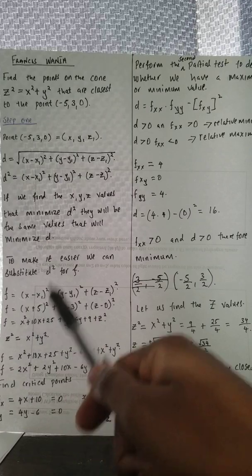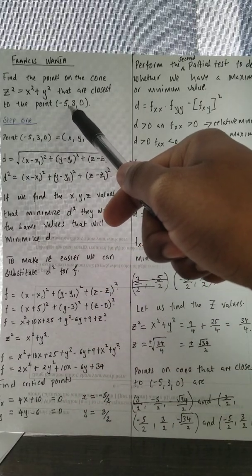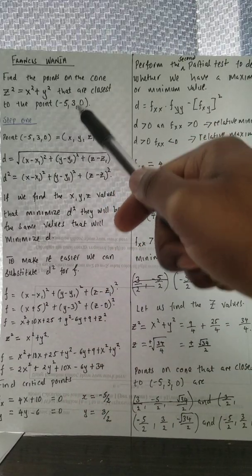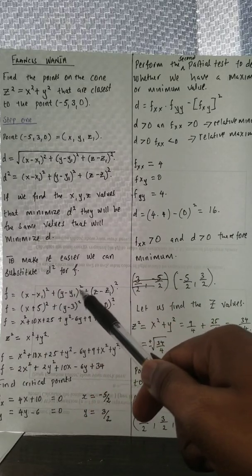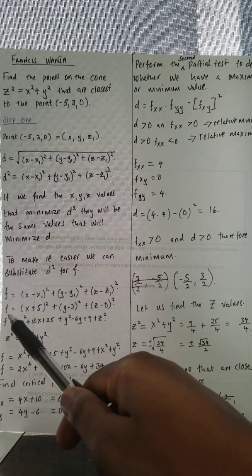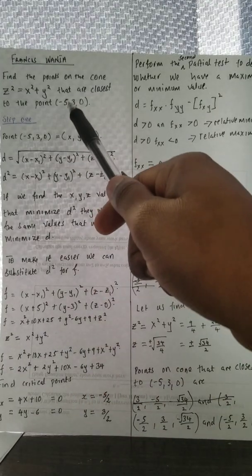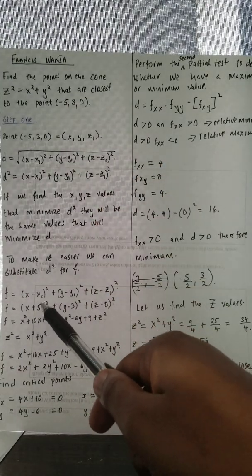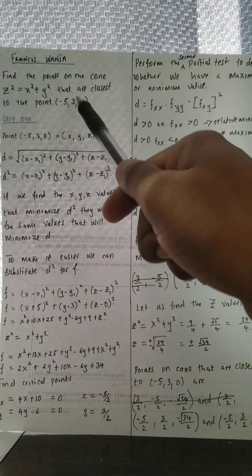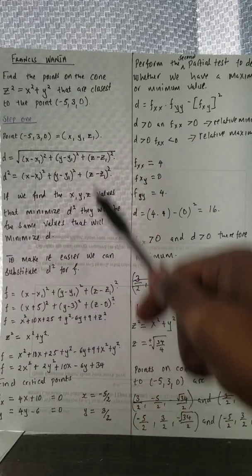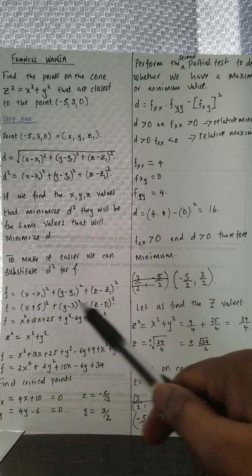We substitute the given values, -5, 3, and 0. So f equals (x plus 5) squared, the negative changes to positive, plus (y minus 3) squared, plus (z minus 0) squared.